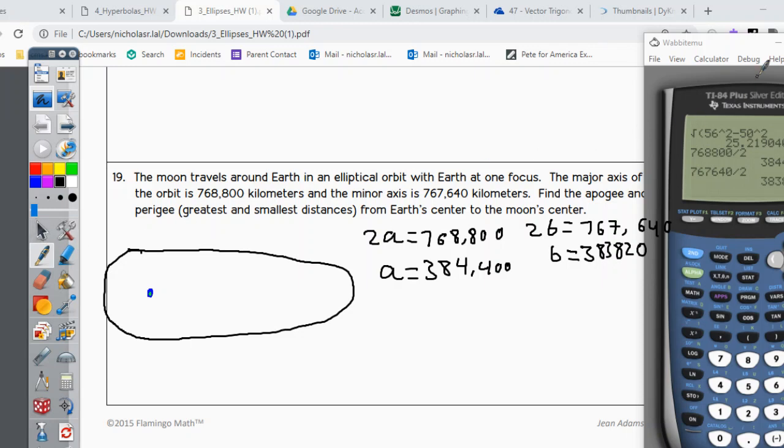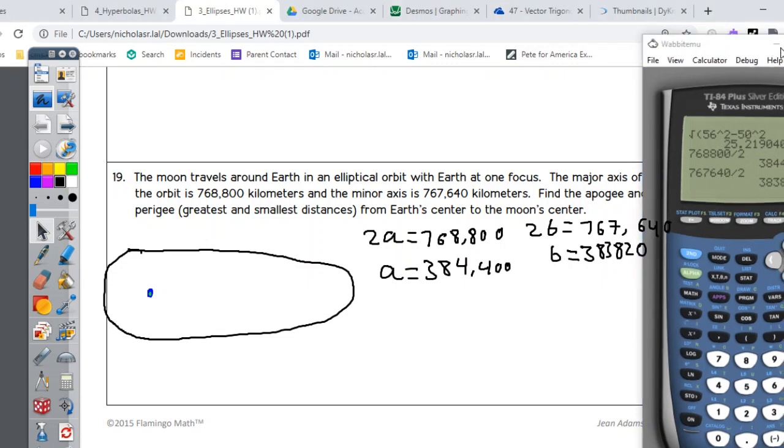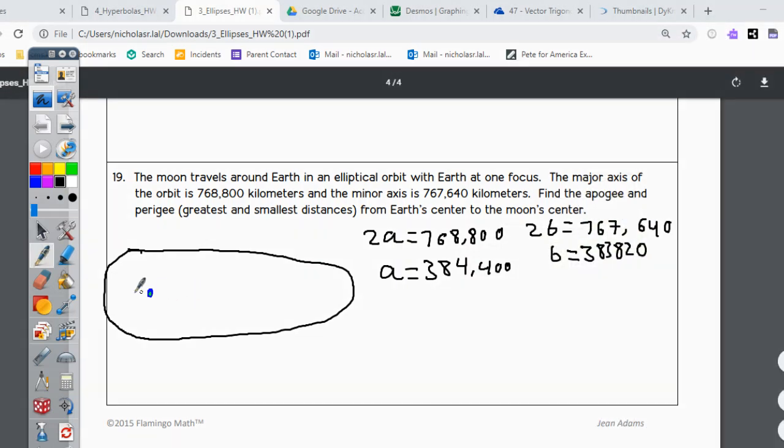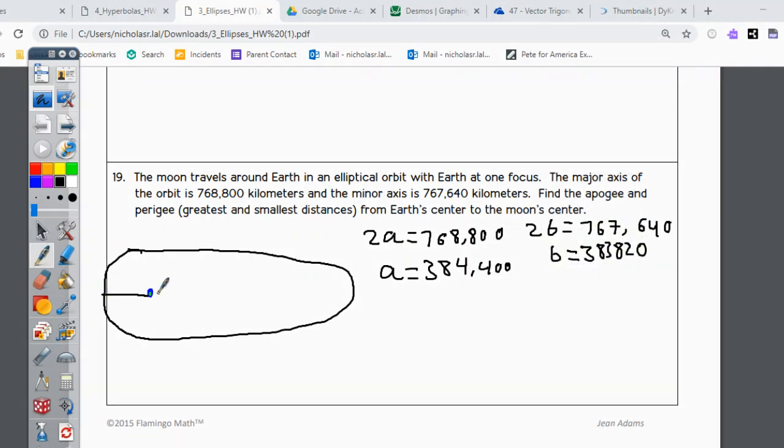So now that we have our drawing, our center, we have our value A, which is our vertex to the center, and we have our value of B. What we need to find is C, because this distance is C, this distance is A. So let's draw that in colors.